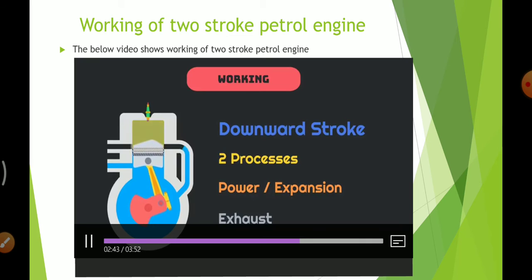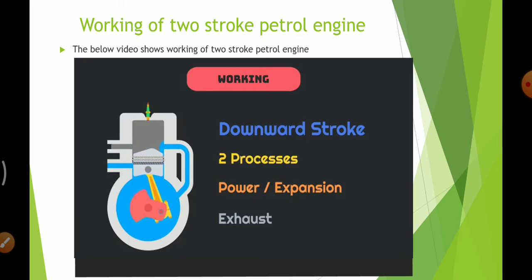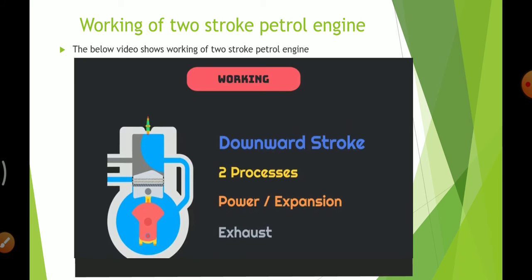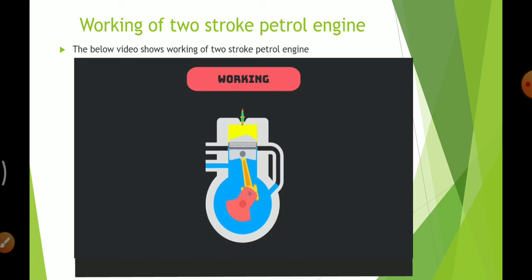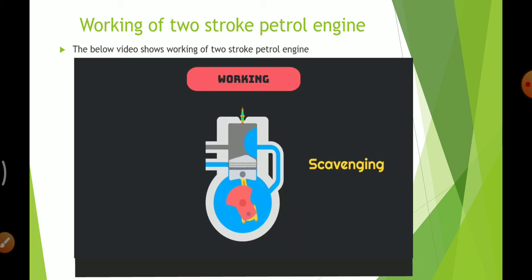See the process: fresh charge enters the cylinder through the transfer port, and at the same time the burnt gas escapes into the atmosphere. This is the downward stroke, also called the expansion or power stroke.